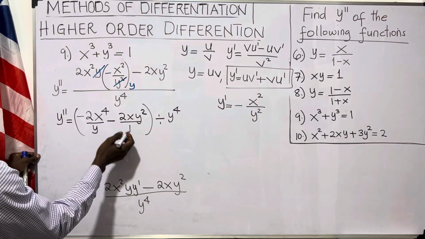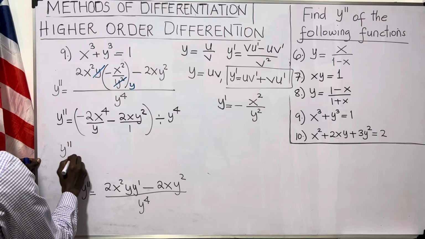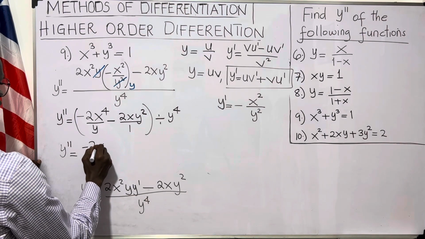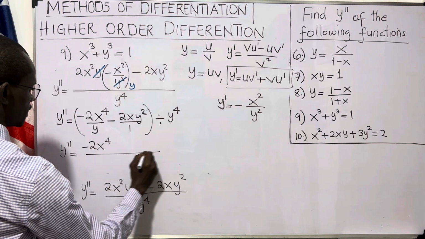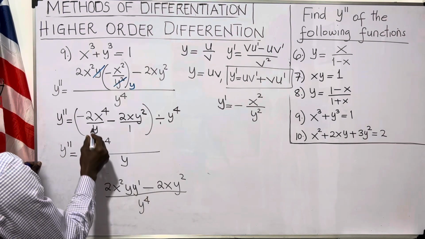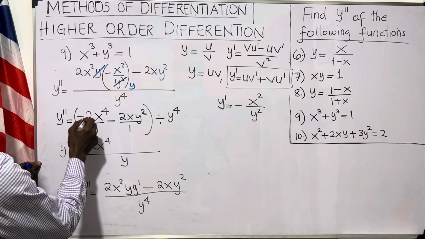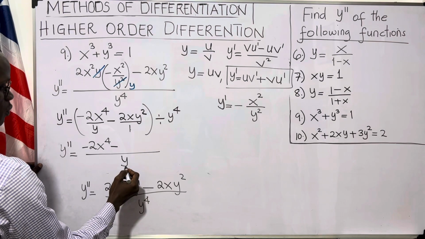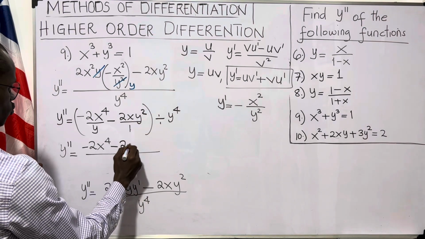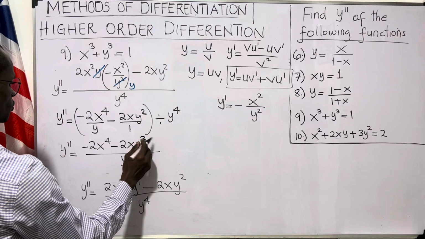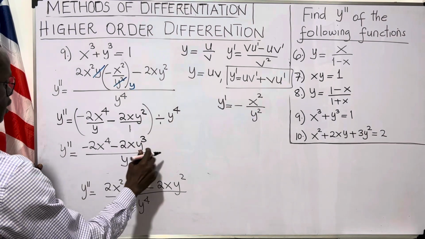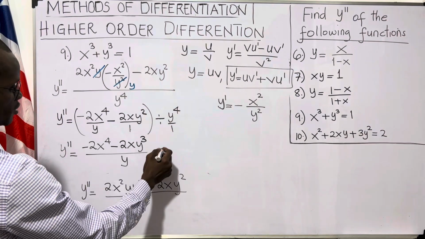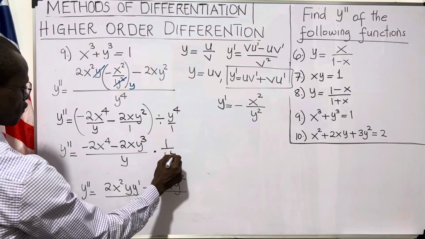So we can find the LCD right here. So y prime prime equals minus 2x to the 4th. That is the LCD now, it is just y. So y into y is 1 times the numerator is the numerator, minus 1 into y is y times this numerator, so it's 2x y cubed, times, we can reciprocate this fraction and change this sign to multiplication. We have 1 over y to the 4th.